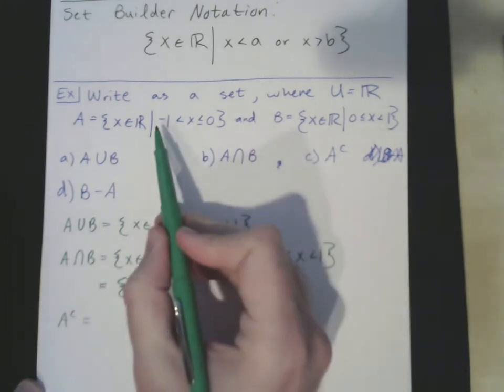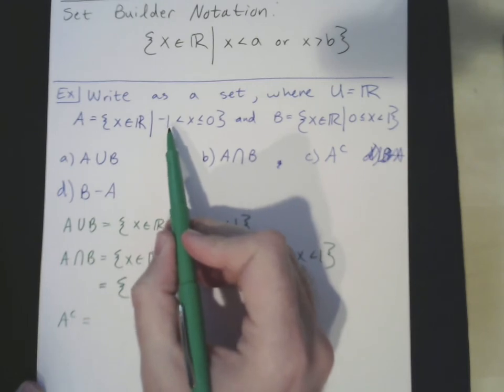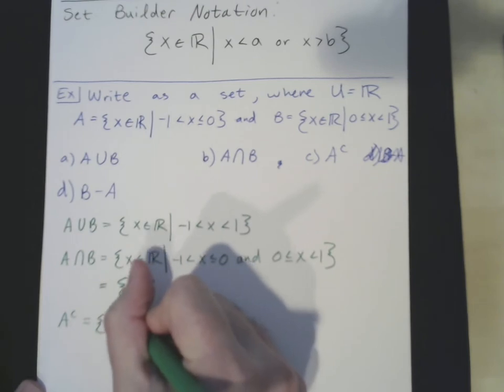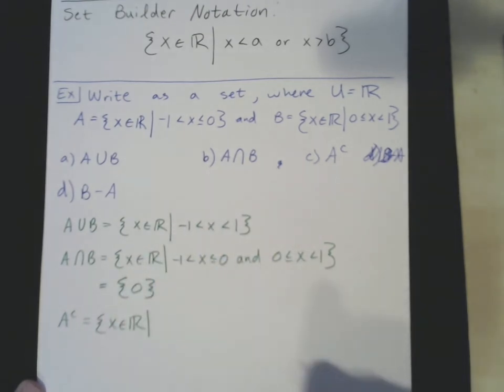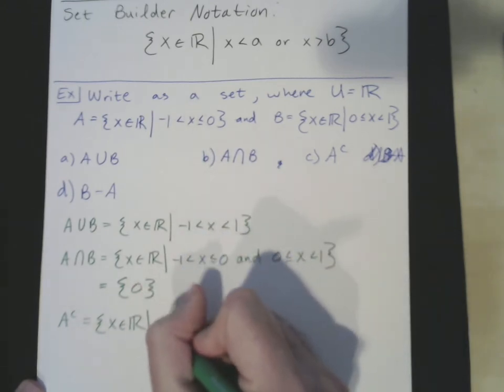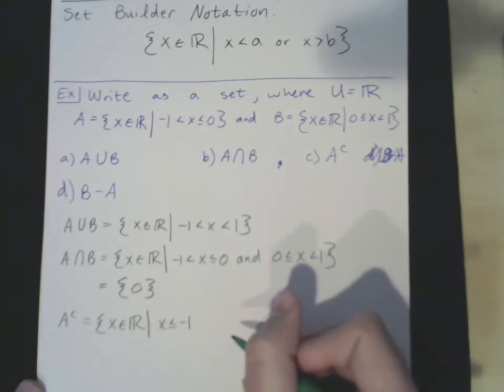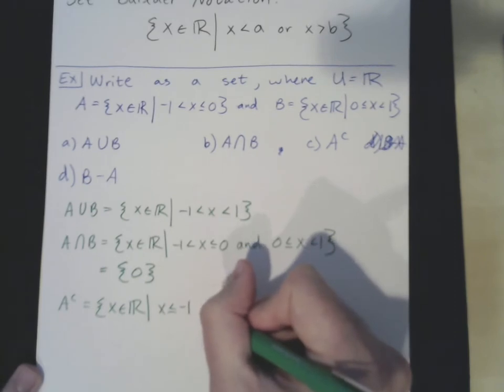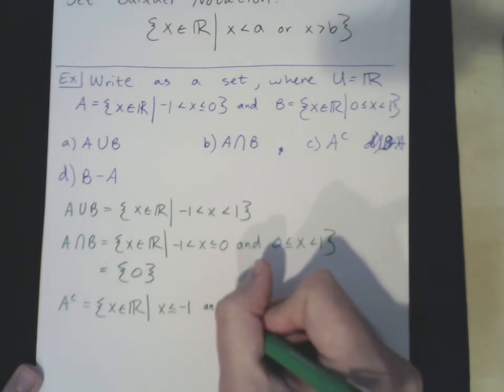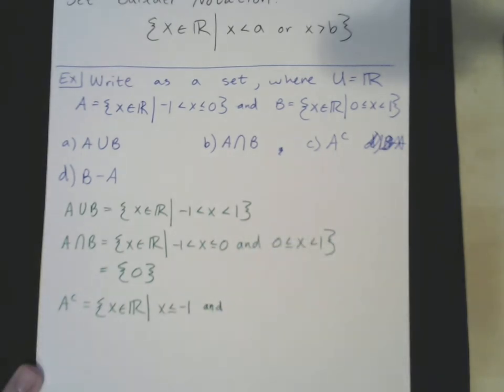This is everything that's not in A. So if we are using the reals as our universal, it's the set of real numbers x such that x is less than or equal to -1, and x would be greater than 0.